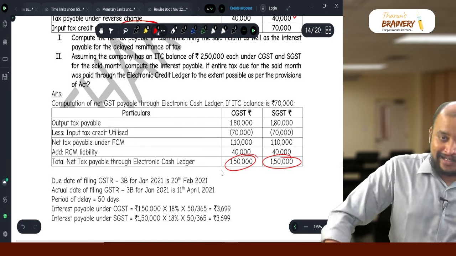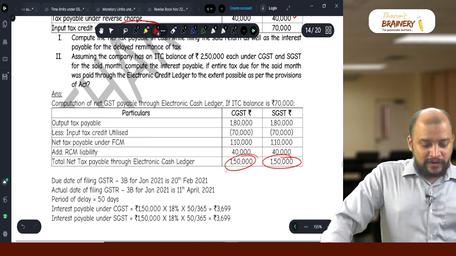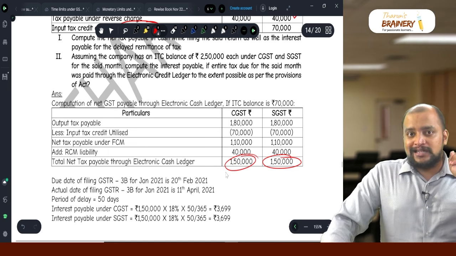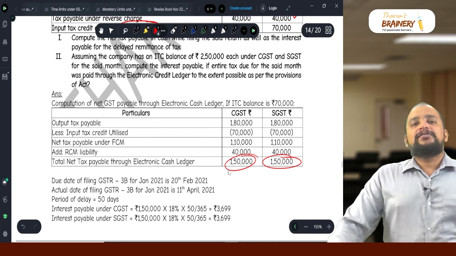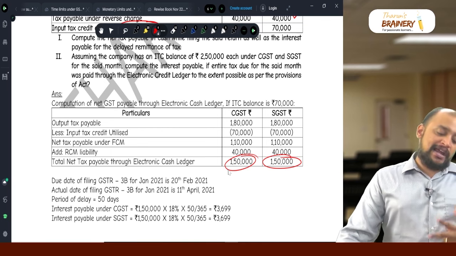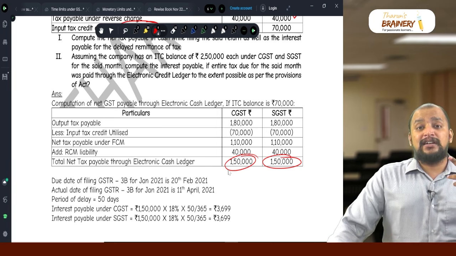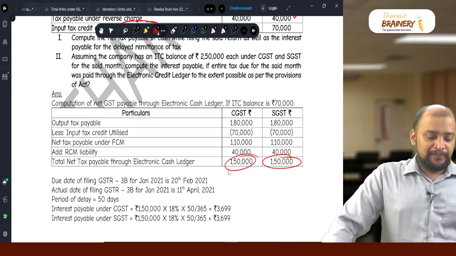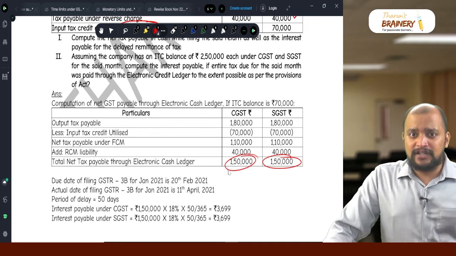That should be the answer. So two alternative answers are possible here, and ICAI should definitely consider this. Please share it so that it may reach someone over there, and they may consider it. I don't know whether anyone will listen, but we will make an effort from our side.